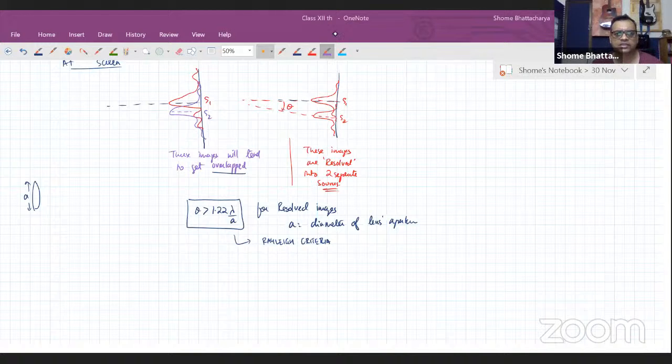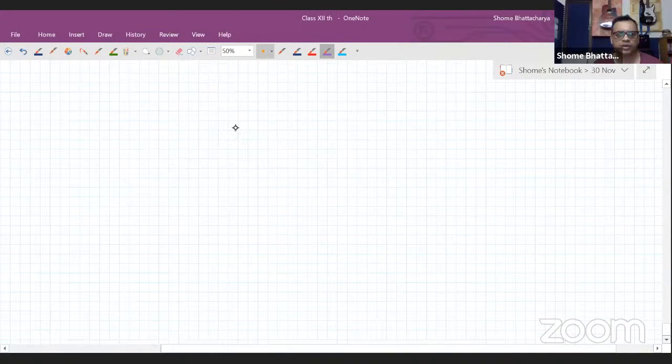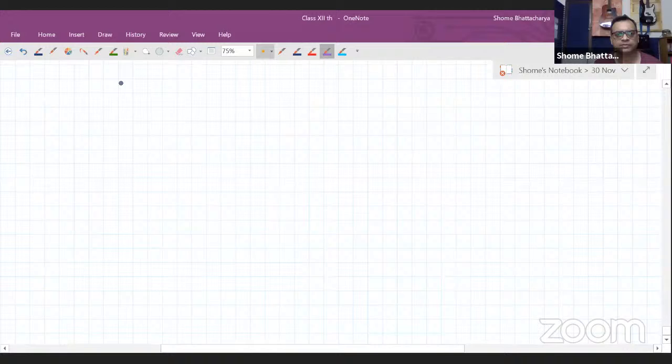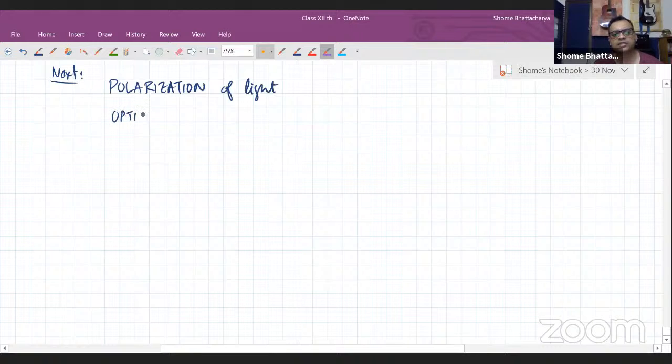Now next, let's discuss our flow chart for the next few lectures. So as I said, now only the JEE Mains topics are remaining. Since we are in optics, we'll be discussing polarization of light. Then we'll be discussing optical instruments, namely telescope and microscope.